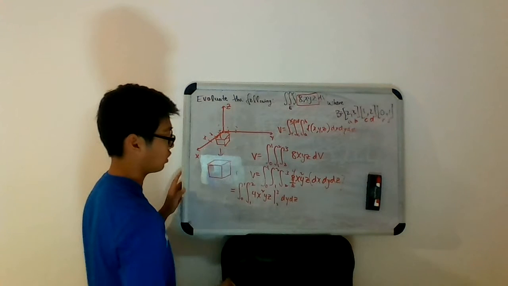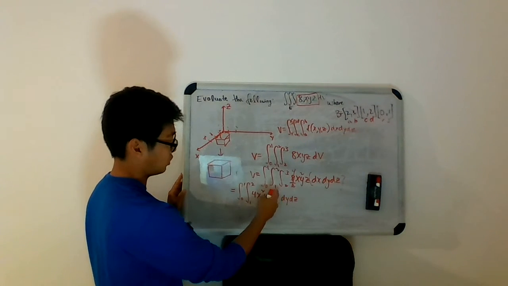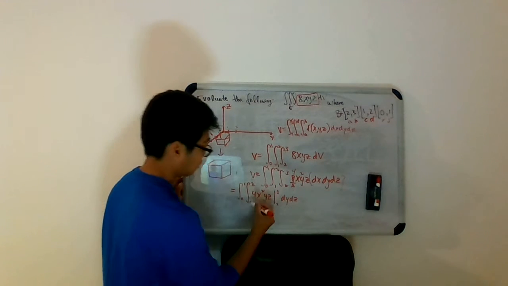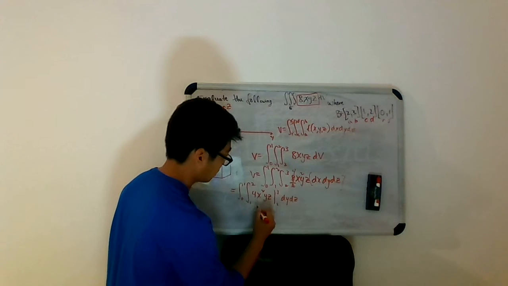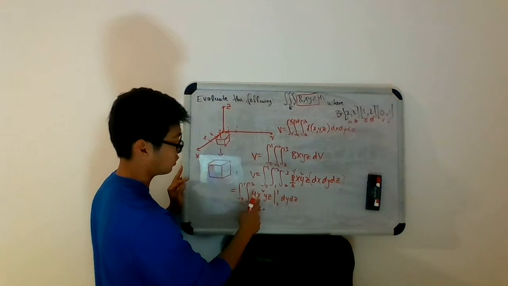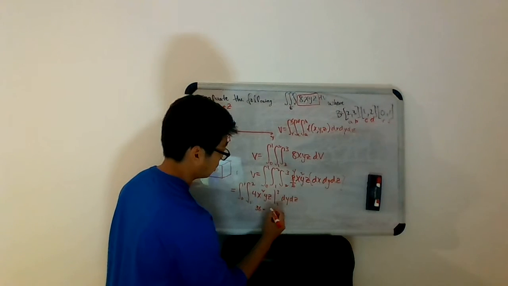Now we do top minus bottom here. We plug in 3 for x. That's 4 times 9, so that's 36. Minus, we plug in 2 for x. 2 times 2 is 4, times 4 is 16.